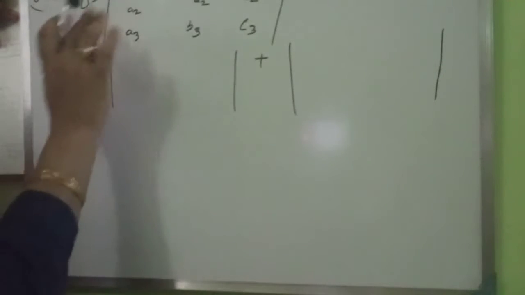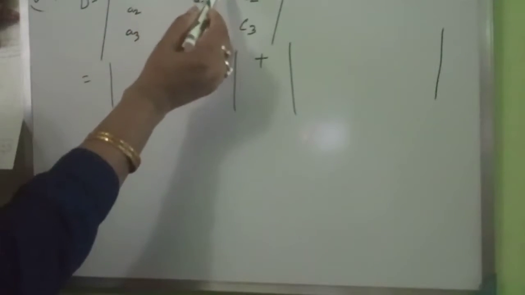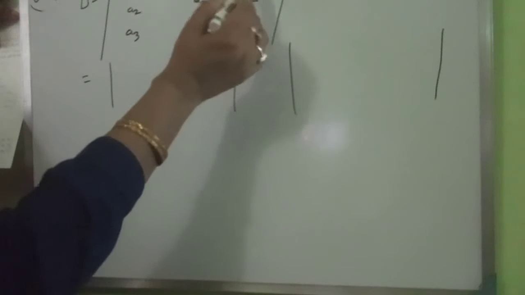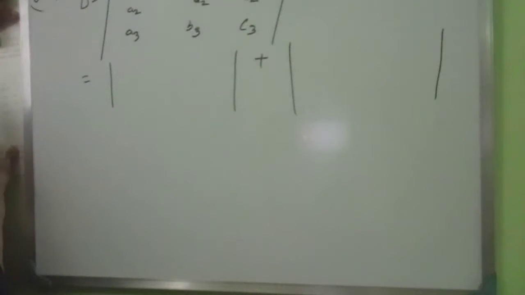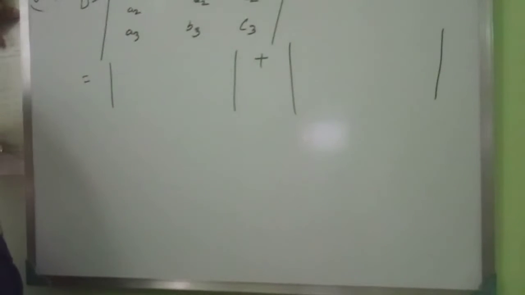That means each element of a row, here the first row of the determinant, is given as the sum of two terms: A1 plus L1, B1 plus M1, C1 plus N1. If it is written in this way, then the determinant can be expressed as the sum of two determinants.